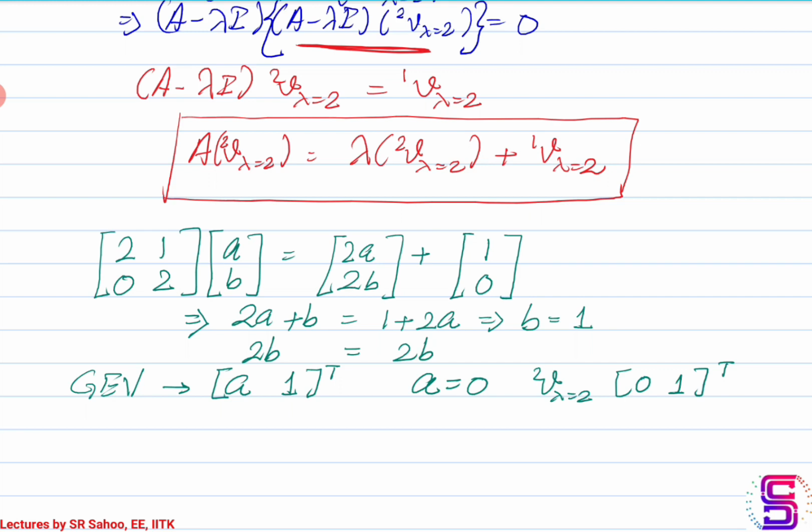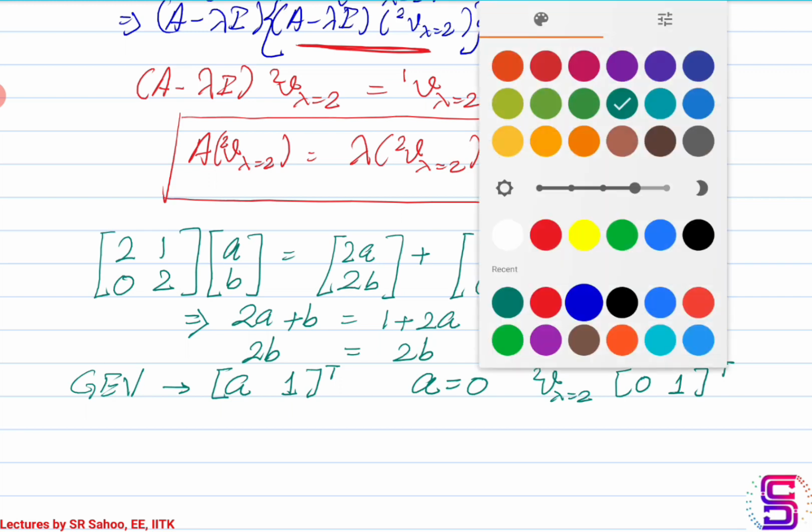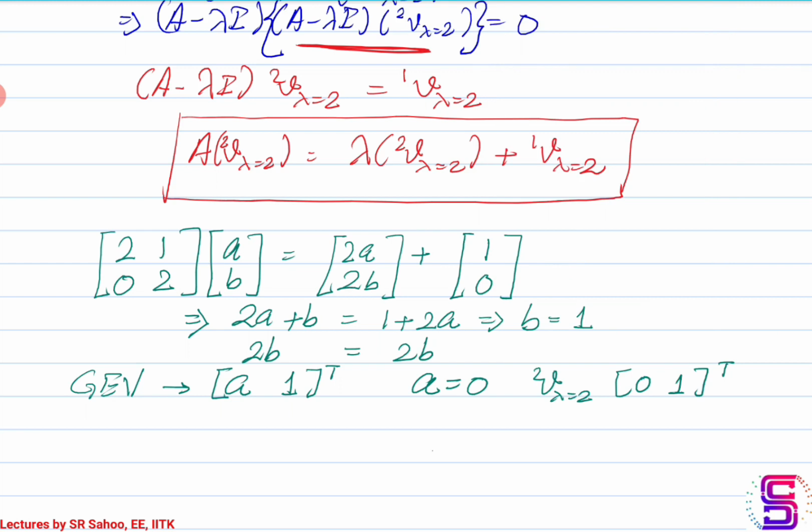Right? But what stops me from choosing A to be equal to 1? So can I choose A to be equal to 1? Yes, I can do that. If I choose A to be equal to 1, then the generalized eigenvector is going to be 1, 1.